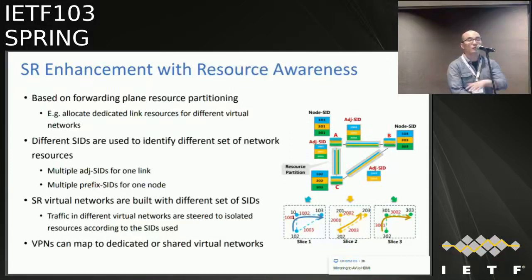Yeah, in the forwarding plane, we can have multiple technologies to do the resource partitioning. So it's not exactly the same link. It may be, I don't know, a different FlexE channel or whatever. FlexE can be one candidate. Yeah, whatever. You can have a sub-interface, VLAN or whatever. But it's not the same link.